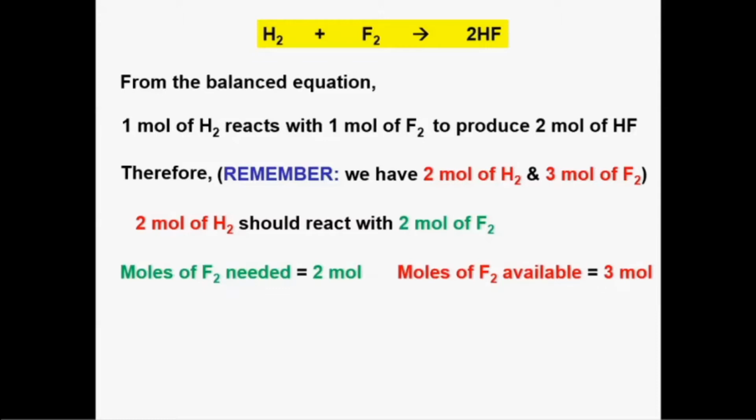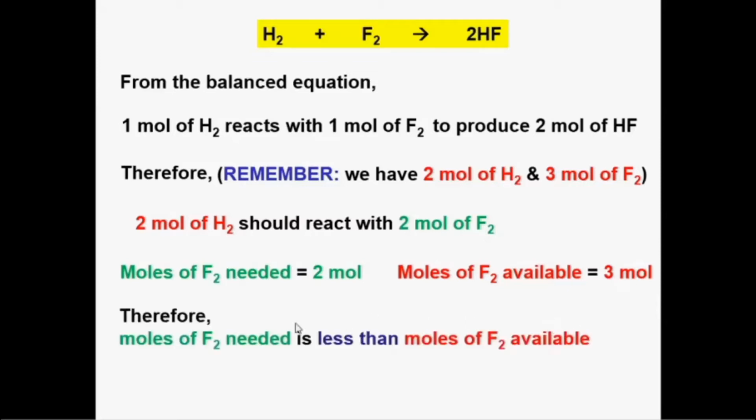If we compare the moles of fluorine needed and the moles of fluorine available, what can we say? The moles of fluorine needed in the reaction is less than the moles of fluorine available. The moles of fluorine needed is 2 moles, but the moles available is 3 moles.